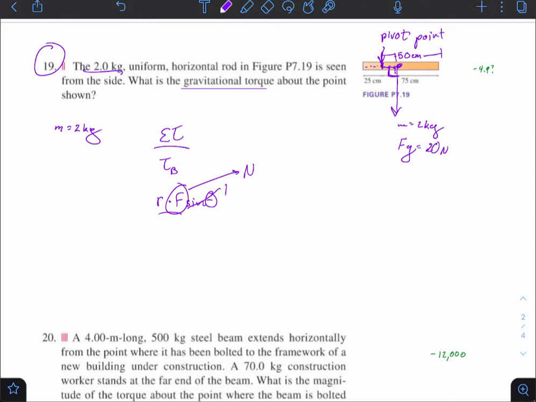So 0.25 times the force, which is 20, and you should get 5 newton meters. And because that's going to try to rotate it clockwise, that's going to be negative 5 newton meters.